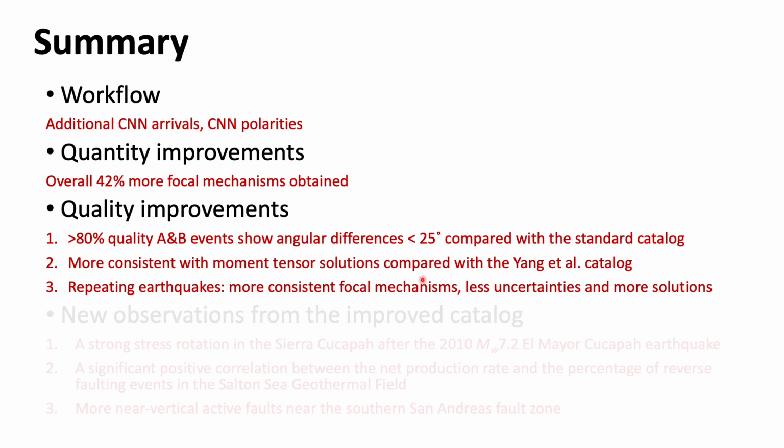The new catalog is more consistent with moment tensor solutions compared with the standard catalog. And for repeating earthquakes, the new catalog shows more consistent focal mechanisms, less uncertainties, and more solutions.